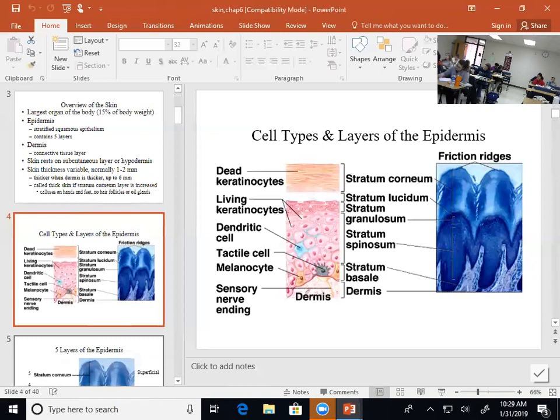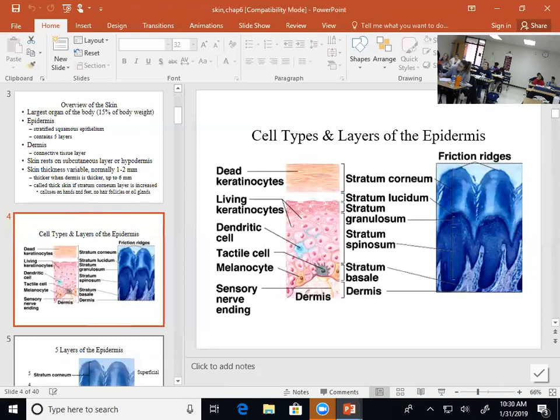Melanocytes. If you have, and most of us do, enough melanocytes close enough together in your integument that you can actually see them, you can't feel them, but you can see them, you think about those as freckles, don't you? If you can feel them, what do you call them?